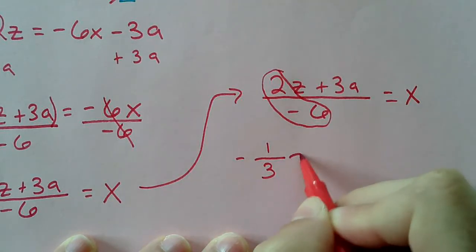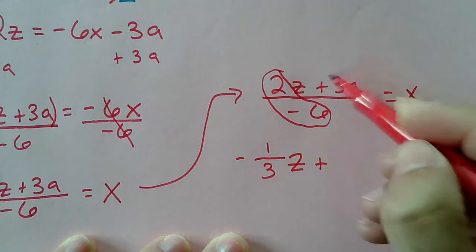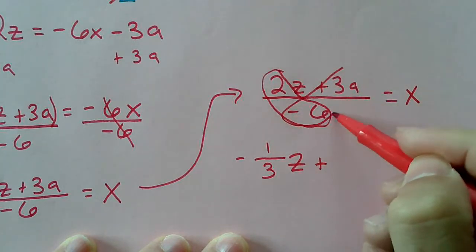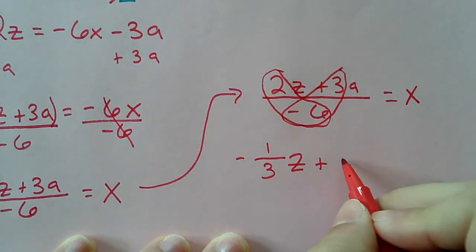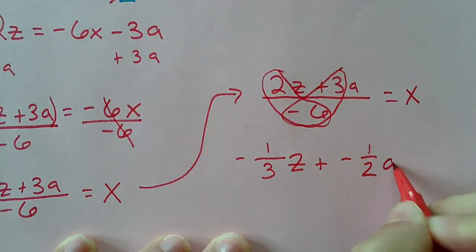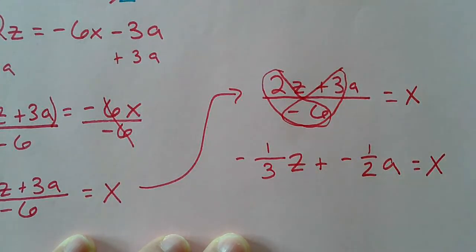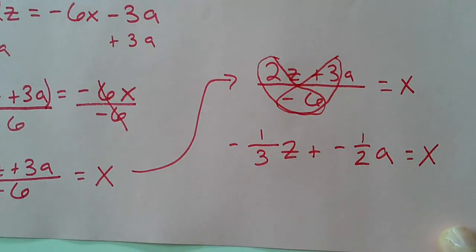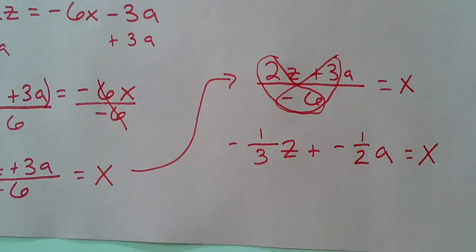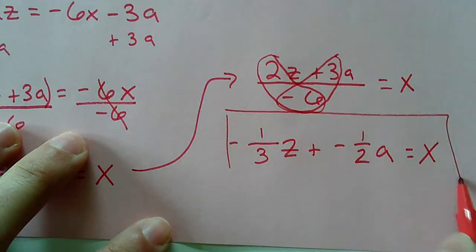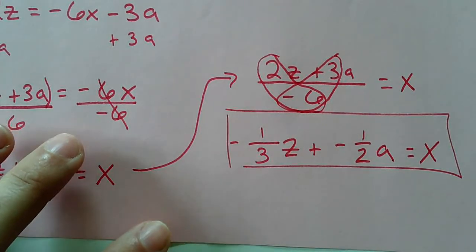Over 3, z plus, now I look at this fraction, 3 over negative 6. That's going to give me negative 1/2 a equals x. So we could write it like that as well. Or, yeah, we'll leave it like that. So these would be our final answers.